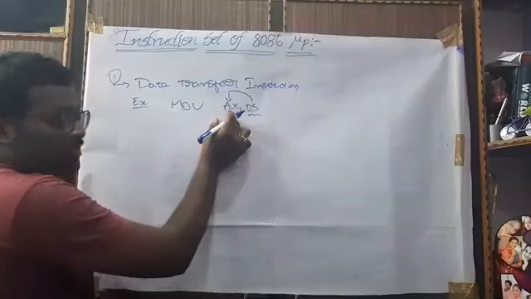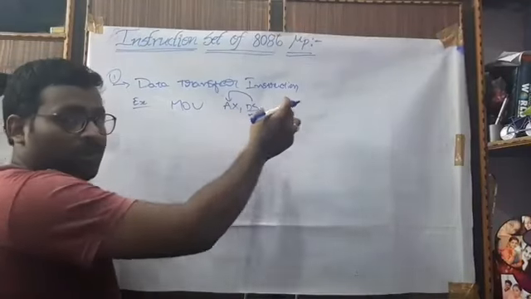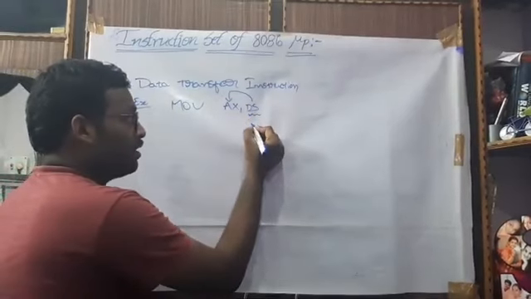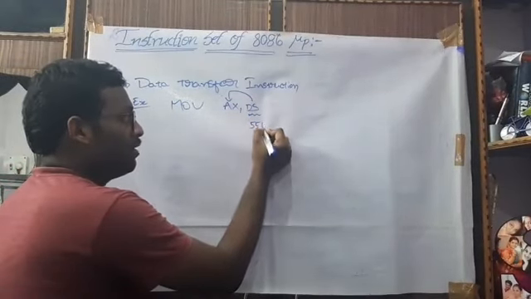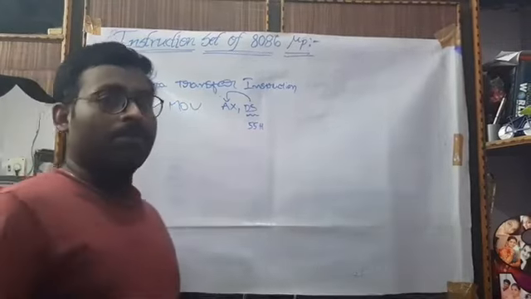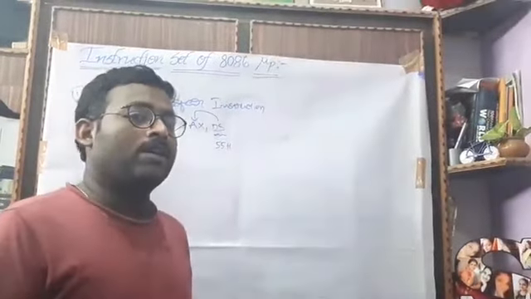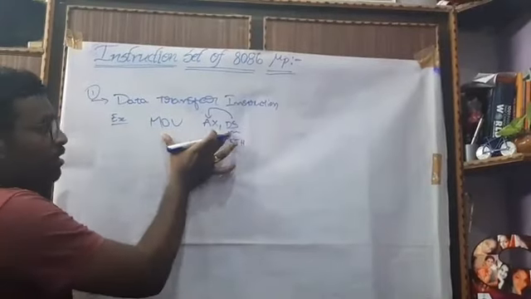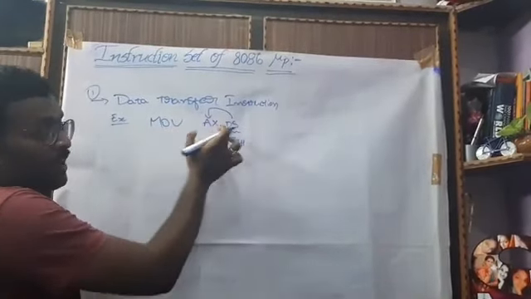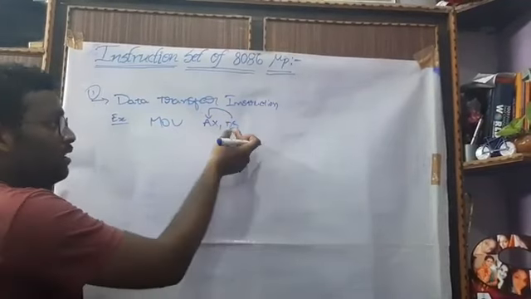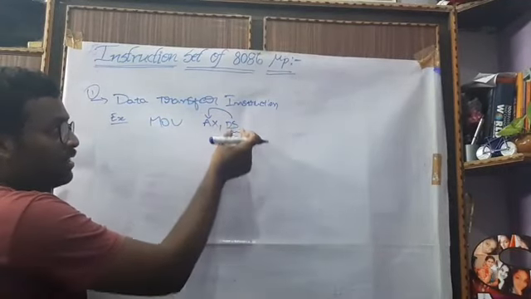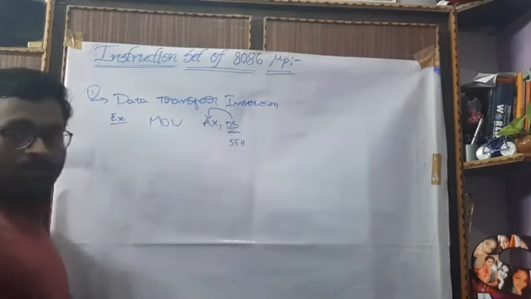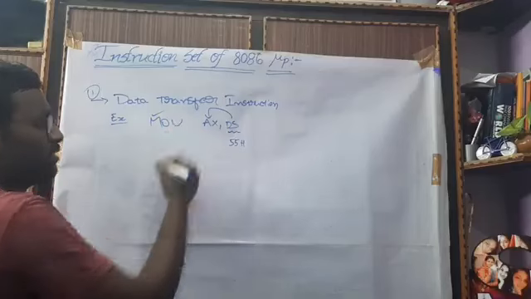AX is a temporary register, data segment is a segment of the memory. Suppose there is a number 55 in the data segment. Once after execution of this MOV AX, DS instruction, the content of the data segment is transferred to the AX register. This is the move instruction.